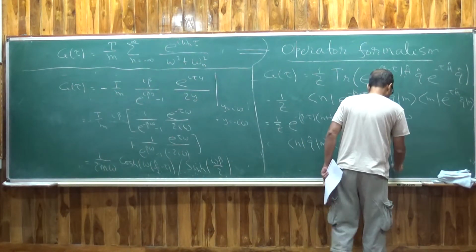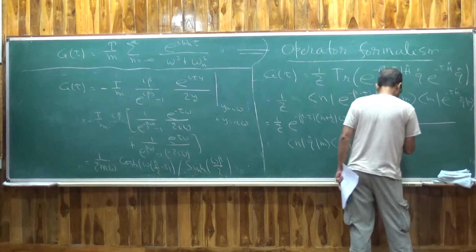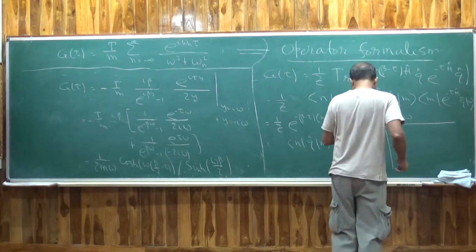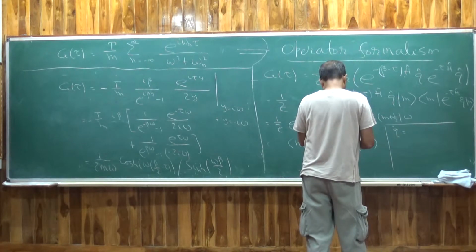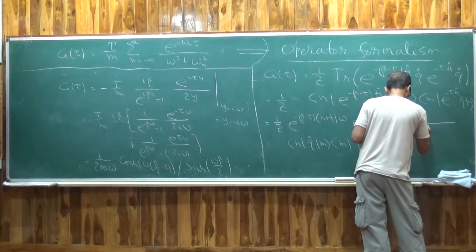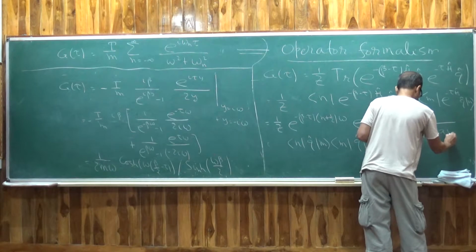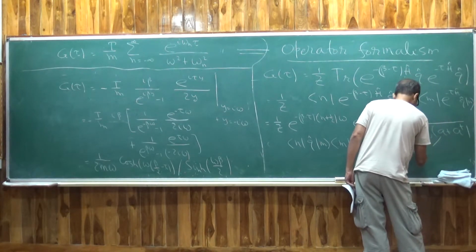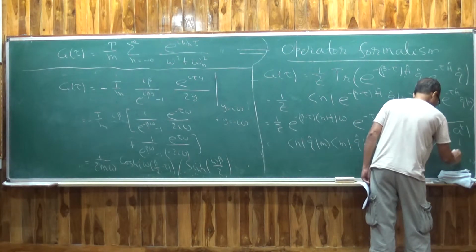Now we are going to use the fact that q is expressed in terms of the creation and annihilation operators. So let me write the correct formula. q is square root of 1 over 2mω times (a plus a dagger). This is the annihilation operator and this is the creation operator.